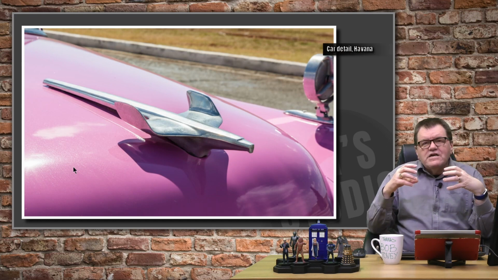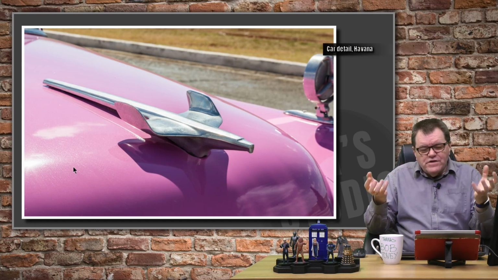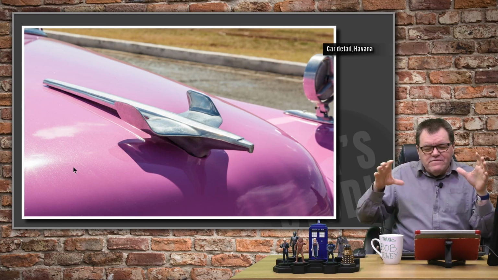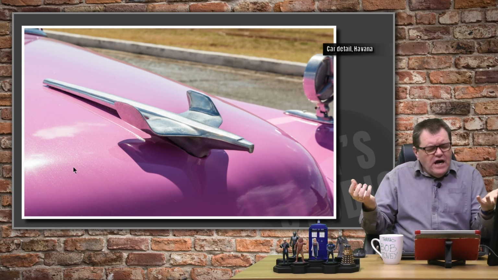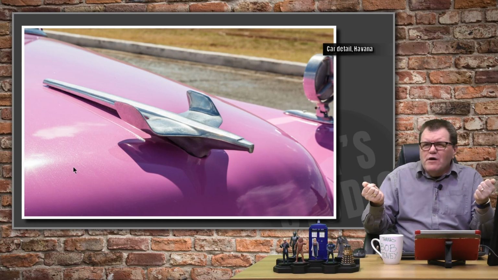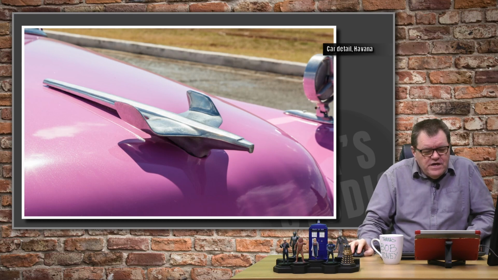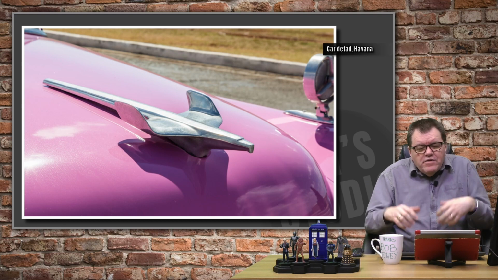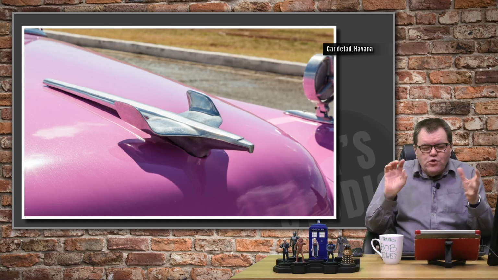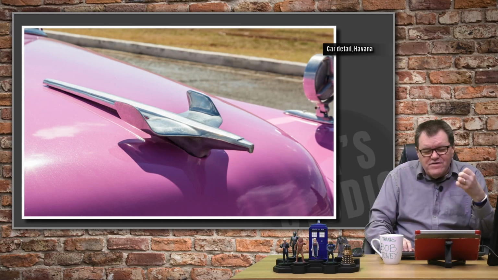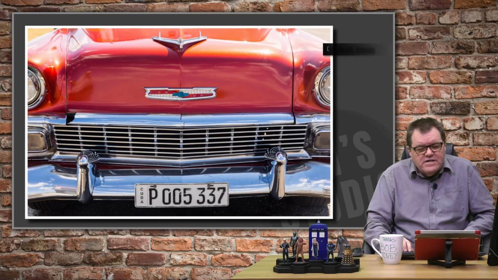And again, the figurine on the front here, we've got this flying bird on there. I think, is it a Thunderbird? I'm not sure on that with that shot. But again, the detail and the wing mirror just in shot there helps tell the story of what type of car it is, and the pink coming from it.